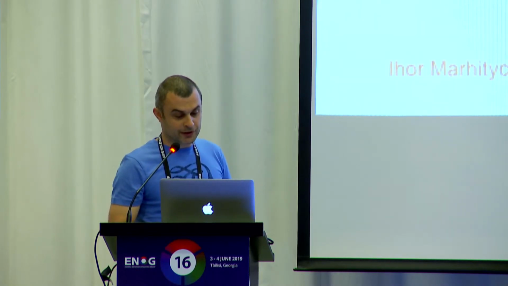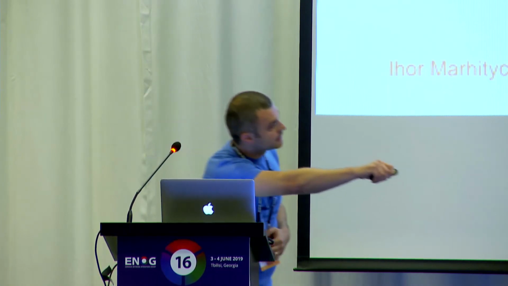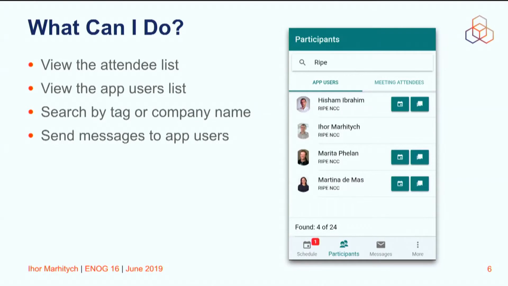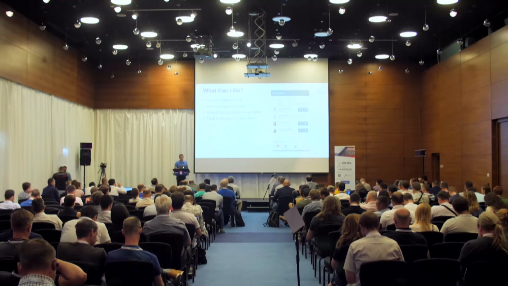What else can we do? The next screenshot shows what you can do. First of all, you can view the list of participants here. And you can find people using their name, company, or some tags, for instance, if the person has already tagged himself or herself according to their interests. You can also send a notification or message, and also set up a meeting.